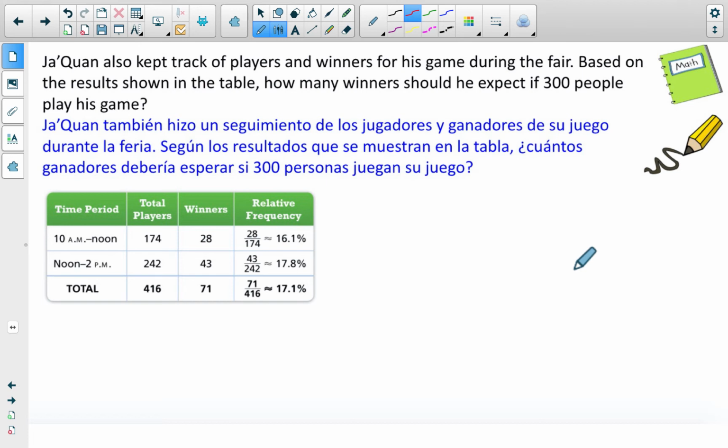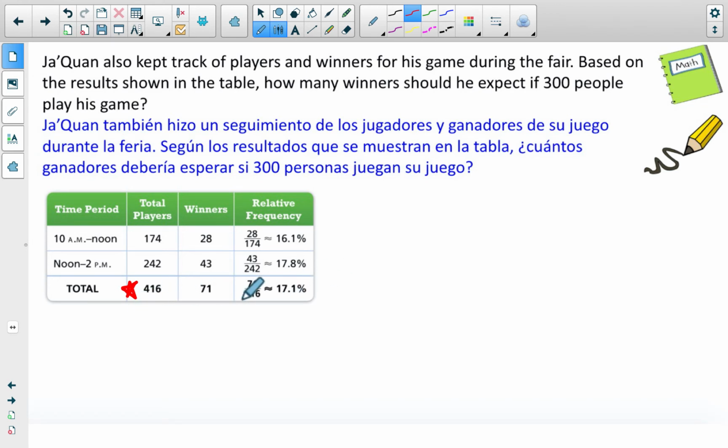All right? Well, what we know is we want to use this value. Why? Obviously, always the question. This goes back to what I just said. The more trials you get, the more accurate the prediction becomes. So because the total has the most number of trials, the most number of players, you're going to use this bottom row.